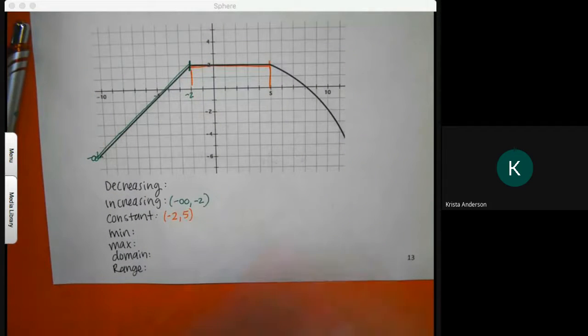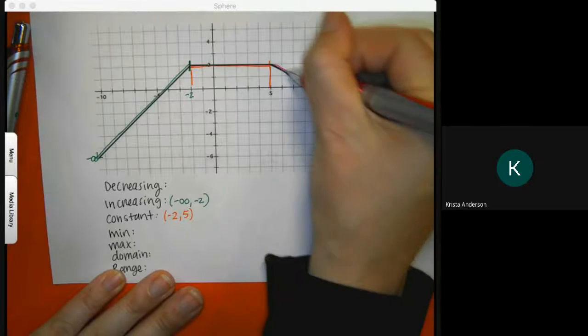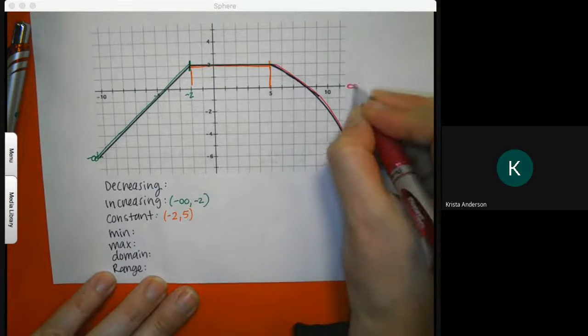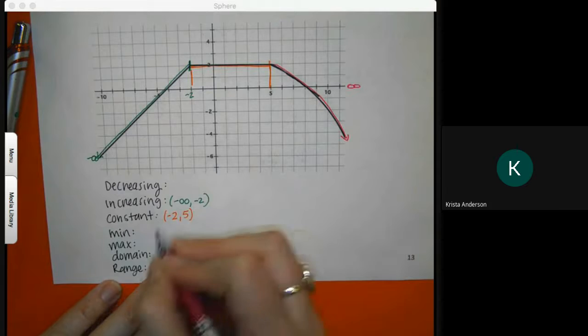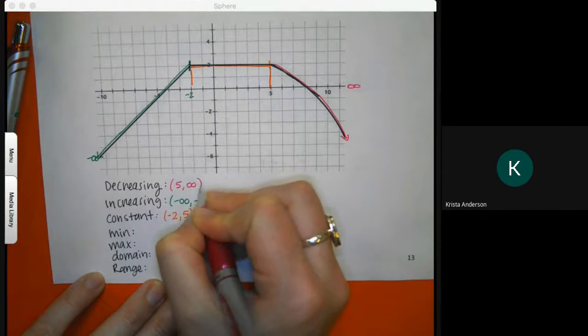Then it begins to decrease from 5 to infinity. So decreasing from 5 to infinity.